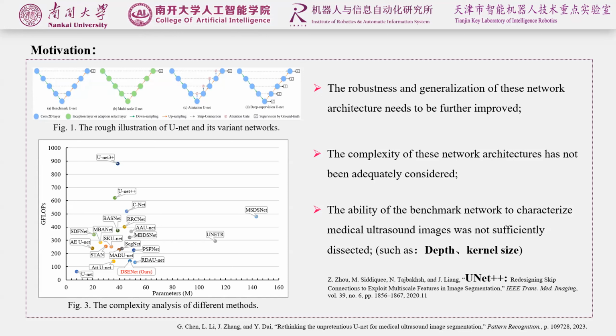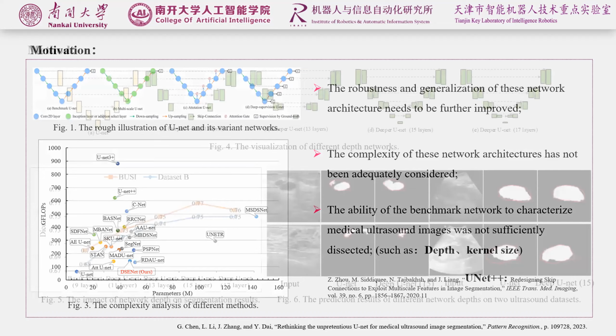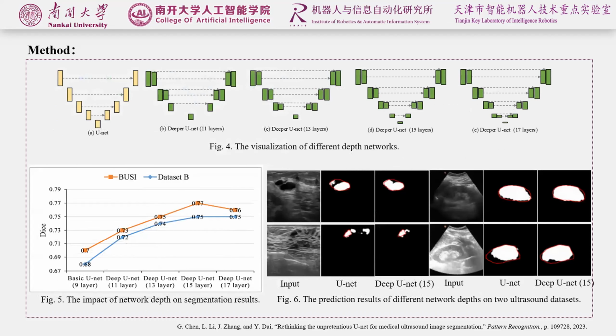As we all know, increasing the kernel size is sometimes equivalent to increasing the network depth, but increasing the network depth has less computational overhead. Therefore, we only explore the effect of the network depth on ultrasound.